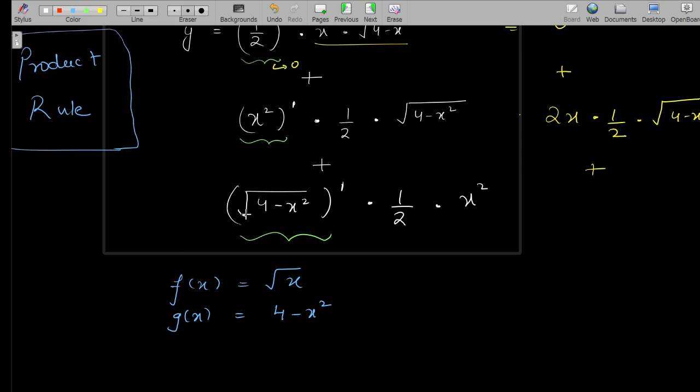No, first you have to find the derivative of the outer function. See, now this is actually a composition, f of g of x. So you're right, then only you will get square root of 4 minus x square. Oh, so the outer function is f. This is your outer function. This is f.